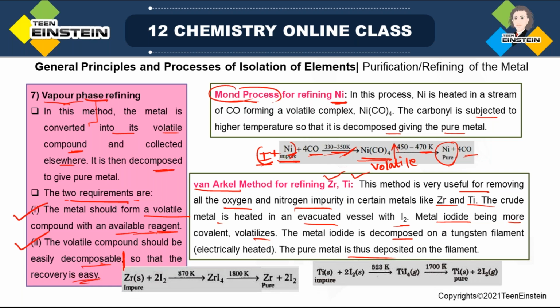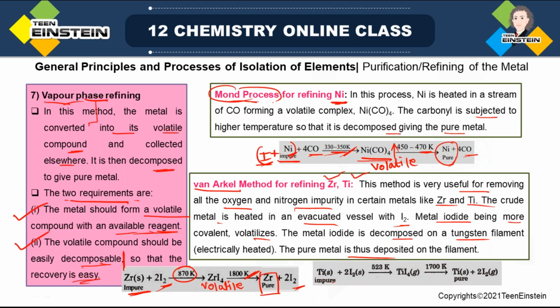So here we have the corresponding equations. Zr in impure condition, treated with iodine at very high temperature, forms this volatile compound. In the second step, which is decomposition, the temperature is further increased. It is done on a tungsten filament, and we get pure zirconium; iodine is regenerated.